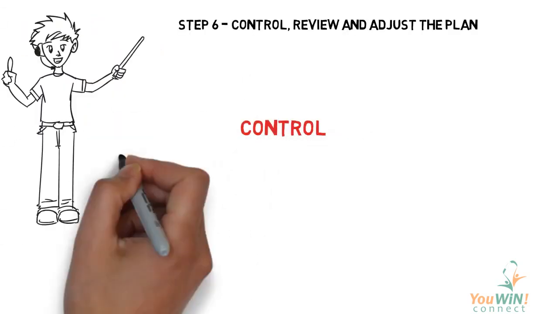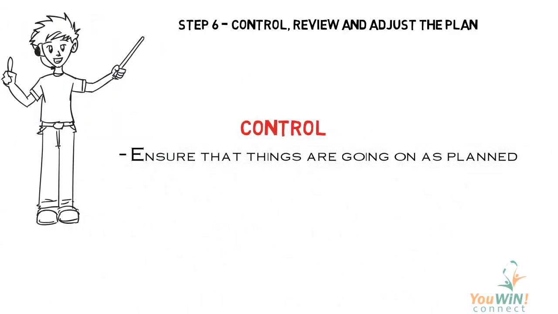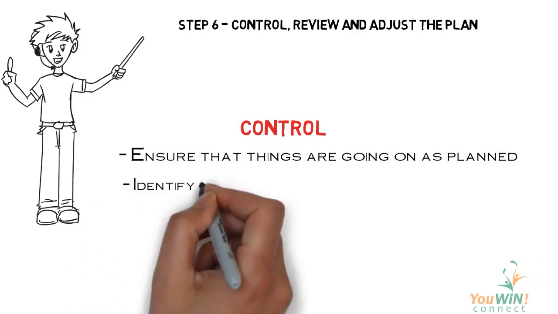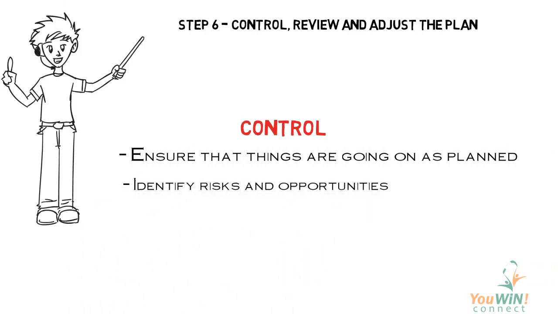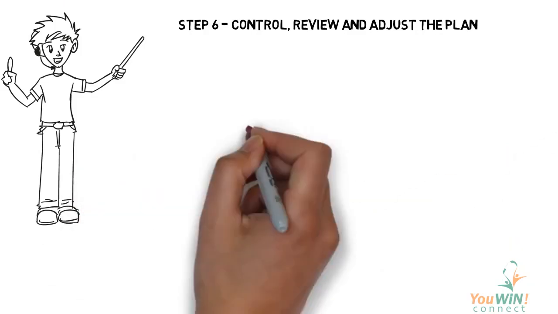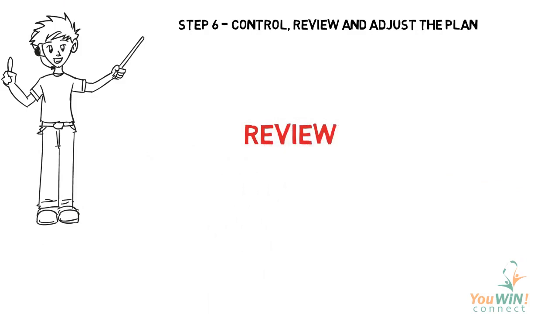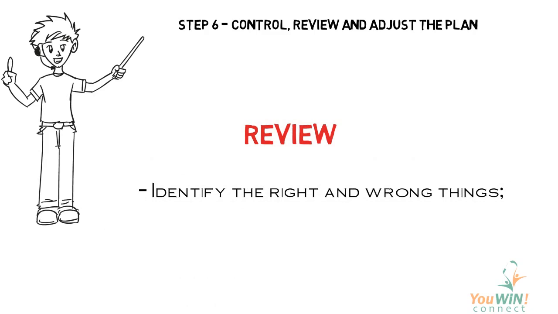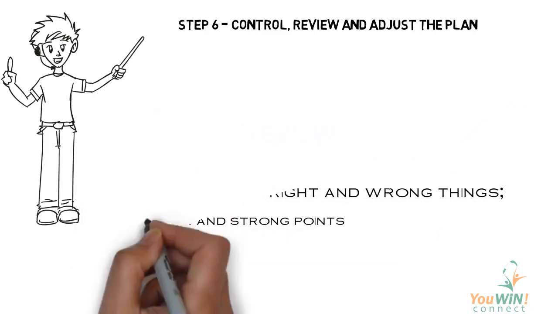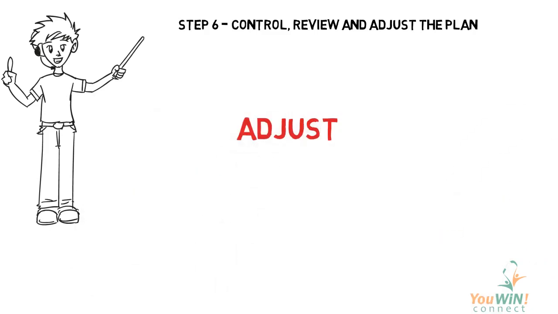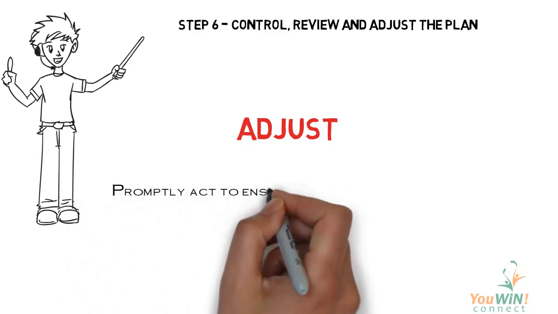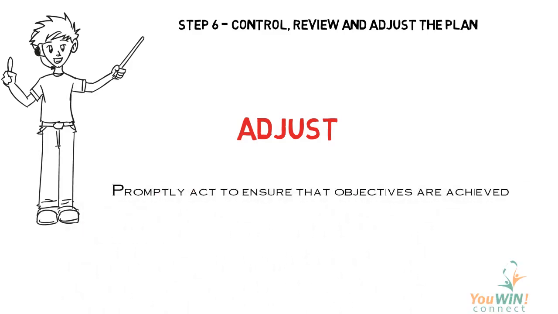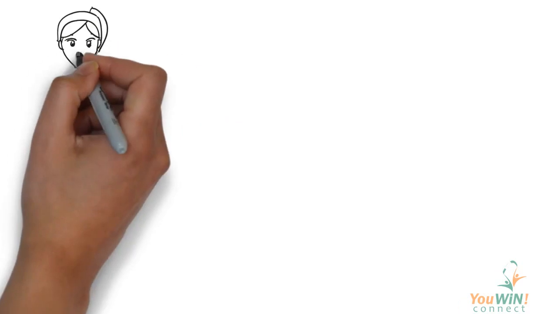So when you control, you ensure that things are going on as planned. You identify your risks and opportunities. You then go on to review, which is to identify the right and wrong things or your weak and strong points. You adjust. That means you act promptly to ensure that objectives are being achieved.